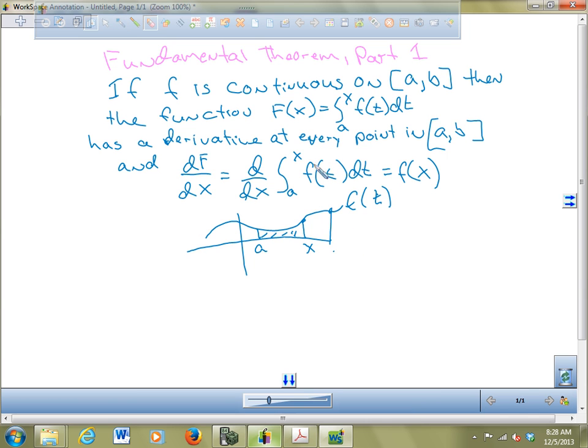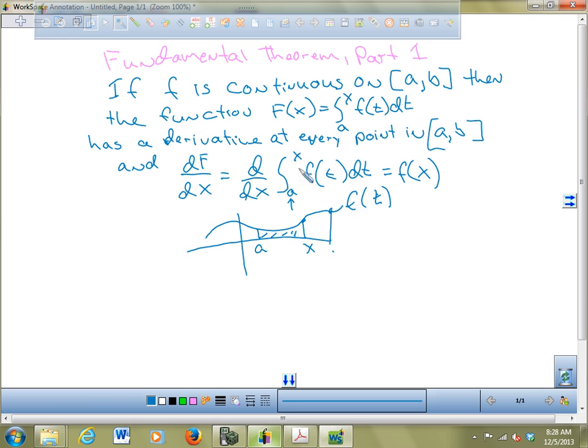And basically what you do is you take the antiderivative of whatever is in here, right? And then the derivative of that antiderivative is f of x, okay? And you don't have to worry about this thing right here. So this is kind of the important thing. You don't have to worry about this thing because what's the derivative?